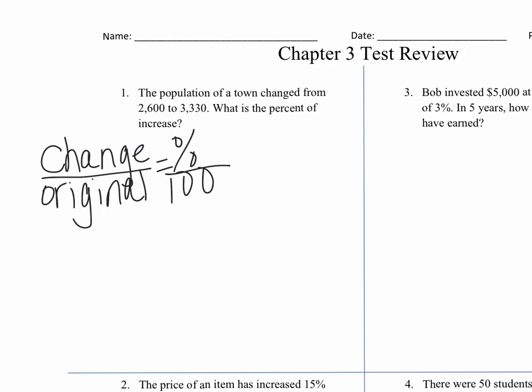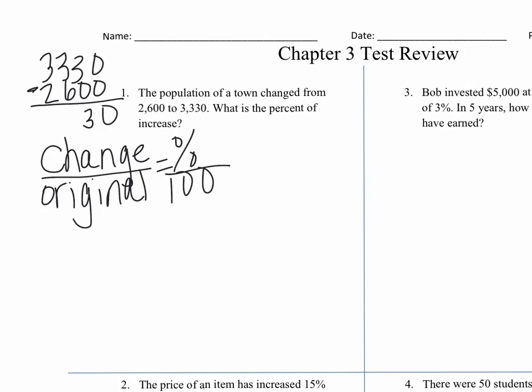The problem tells you it is a percent of increase, plus you can see it did increase from 2,600 to 3,330. To find the change, you subtract 3,330 minus the 2,600. 0 minus 0, 0. 3 minus 0, 3.